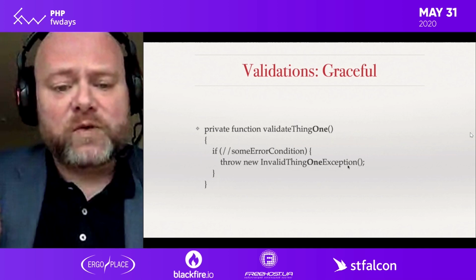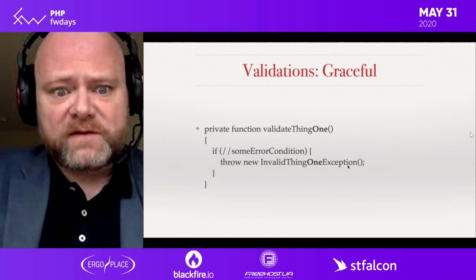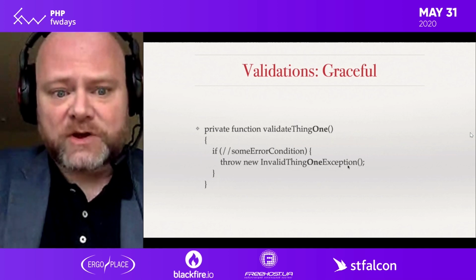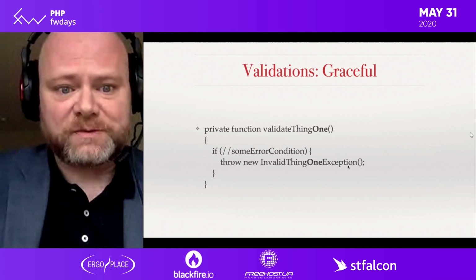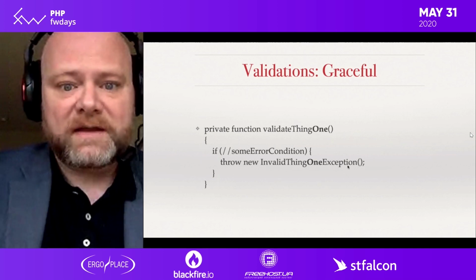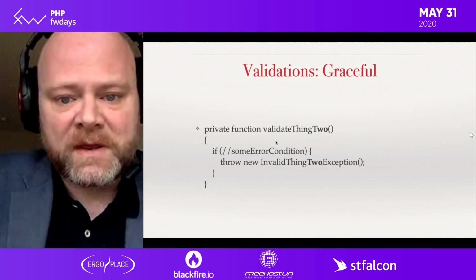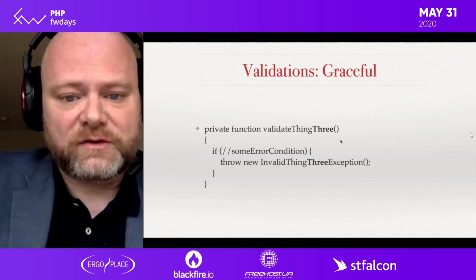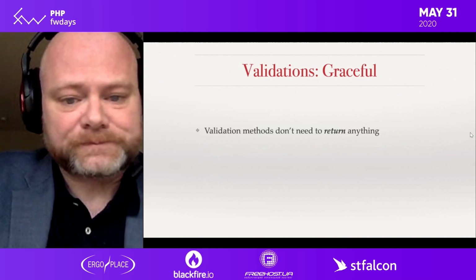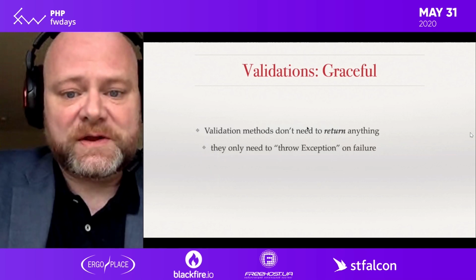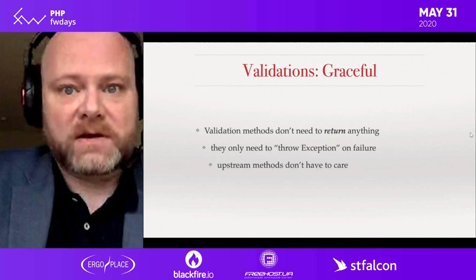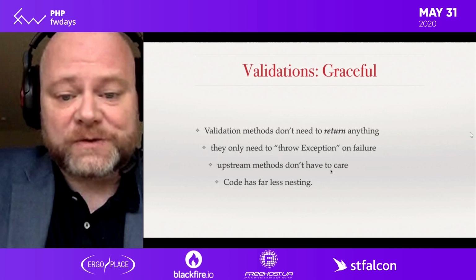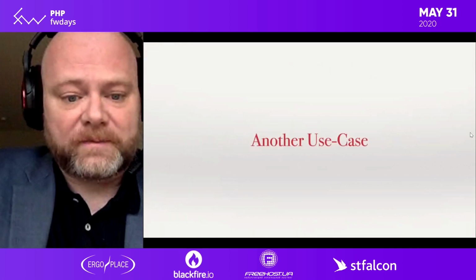Now this code reads a lot more like human language. If some error condition happens, then throw an exception. I can read this code and be like, oh, okay, it's obvious what's happening. So same thing for validate thing 2 and 3. So yeah, those validation methods don't need to return anything. They only need to throw an exception on failure. And the upstream methods don't have to care.